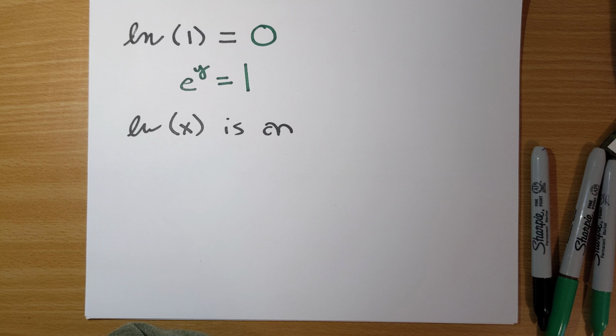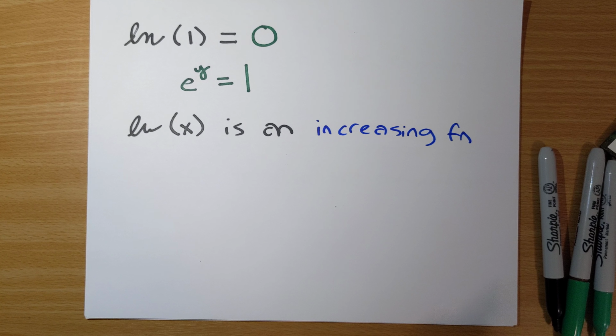And also, the natural log of x is an increasing function. As x gets bigger and bigger and bigger, the natural log of x also gets bigger and bigger and bigger.